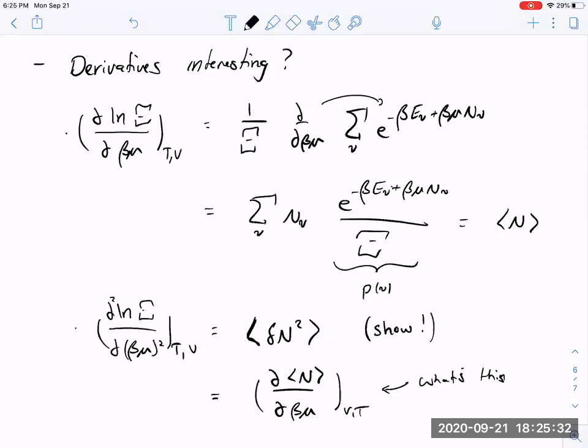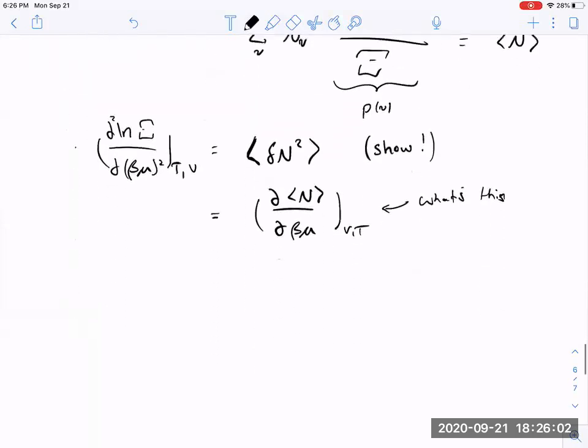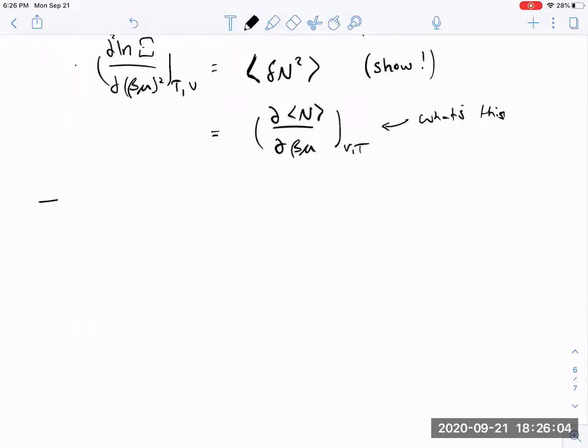It's not something that you can imagine doing a simple experiment to measure how the average number of particles changes with chemical potential. I don't have a chemical potential knob on my experimental apparatus here sitting at my table. I can imagine how I might tune the temperature. Chemical potential is more difficult. So it behooves us a little bit to take a detour back into thermodynamics to understand what this response function actually is telling us. Let's do that.